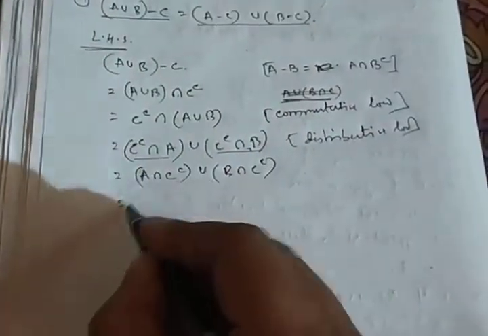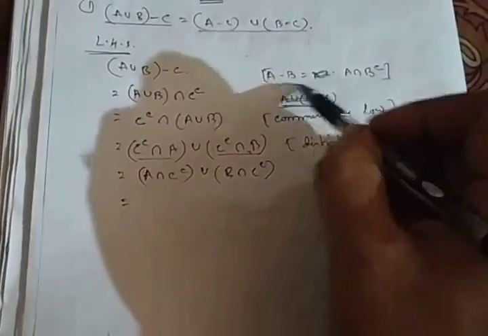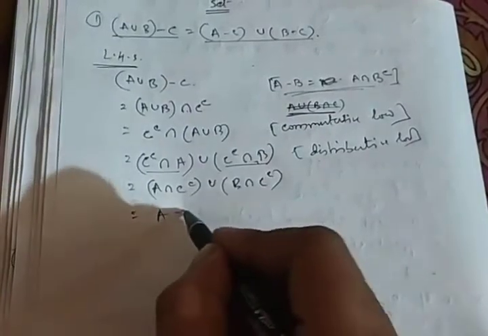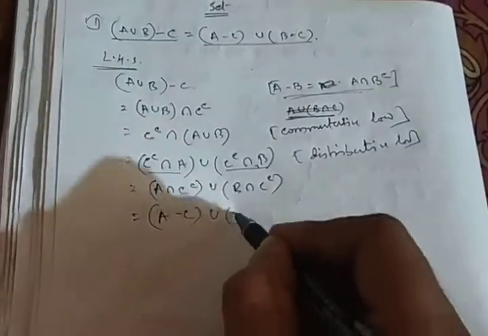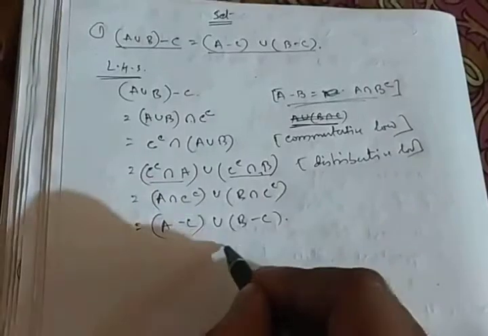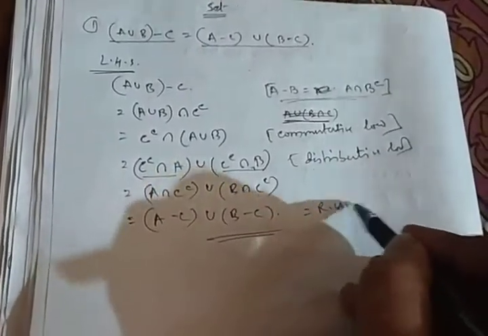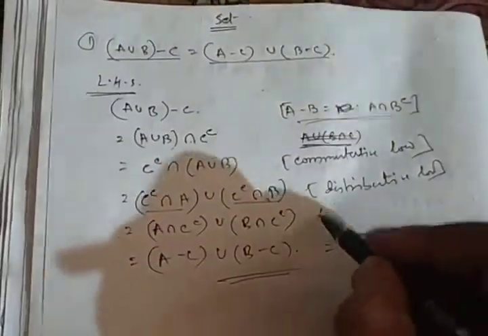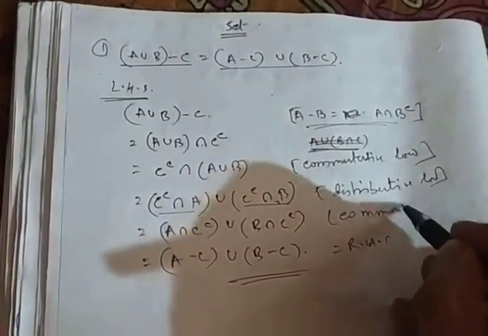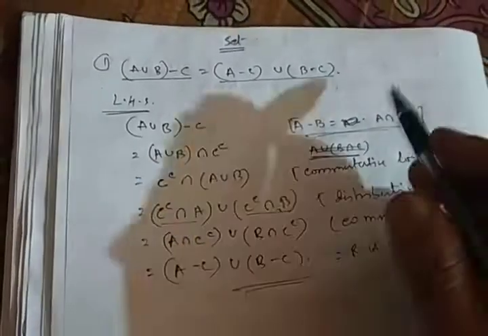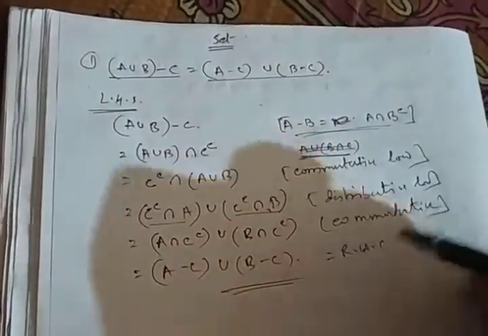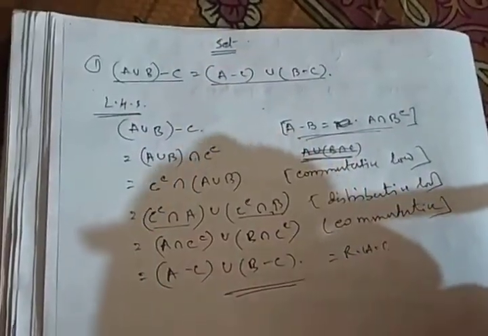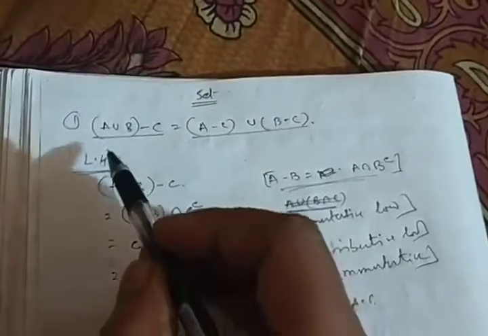So again if we use the first law, for these two parts we get (A minus C) union (B minus C), which is the right hand side, proved. And this step is also the commutative law.